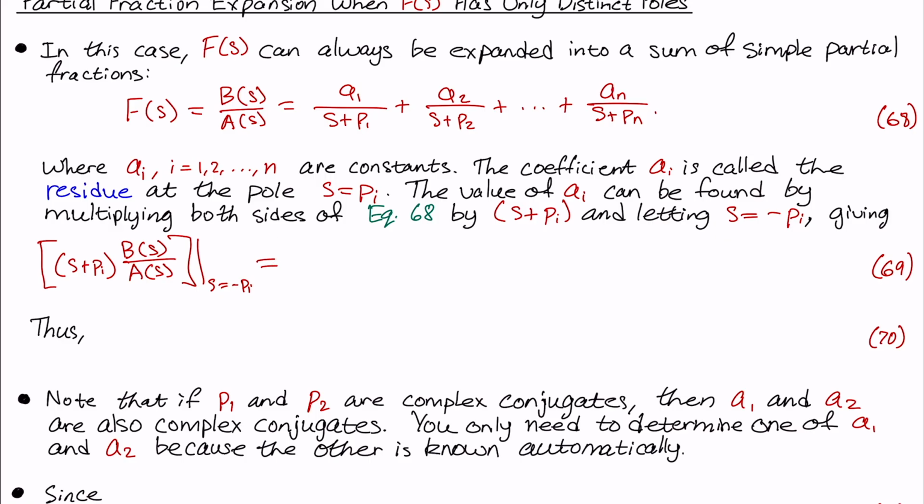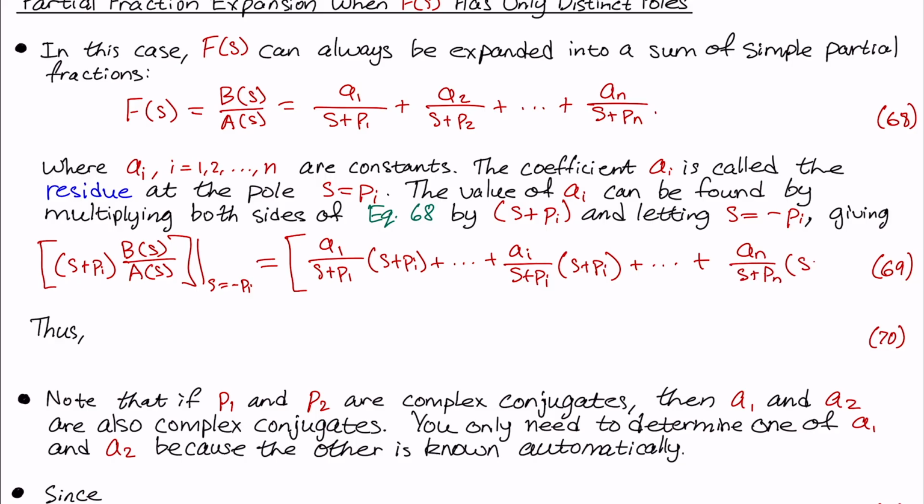This is then equal to our partial fractions, with a1 over s plus p1 times s plus pi, plus dot dot dot, plus ai over s plus pi times s plus pi, plus dot dot dot, plus an over s plus pn times s plus pi. This will all be evaluated at s equals minus pi.